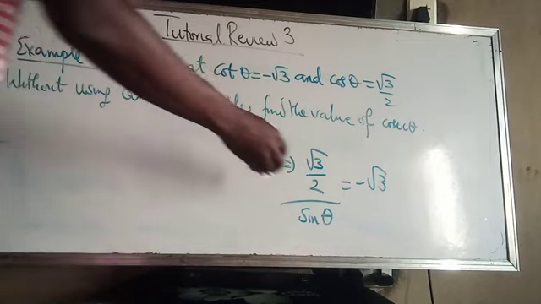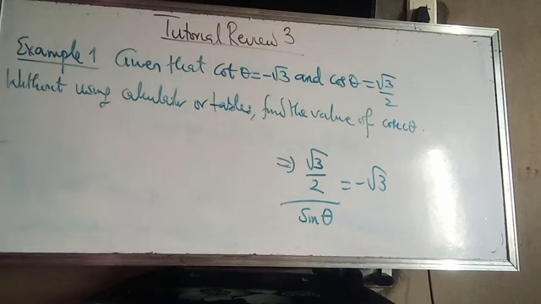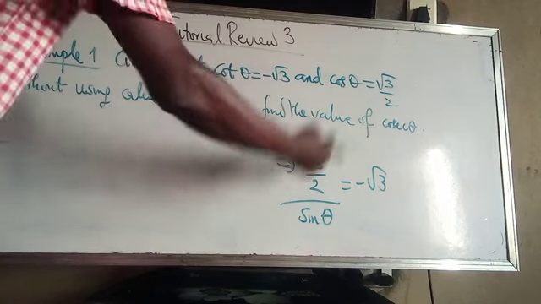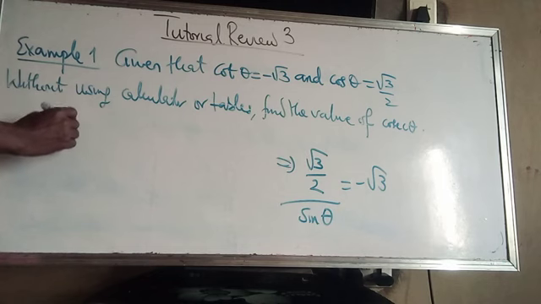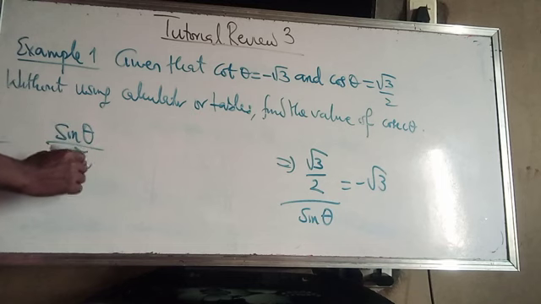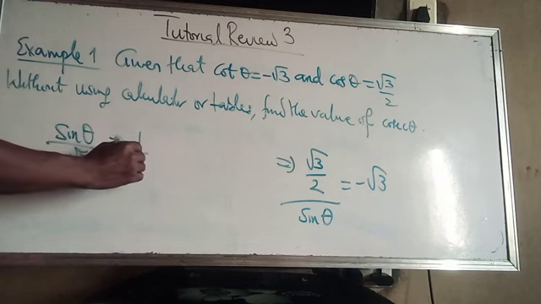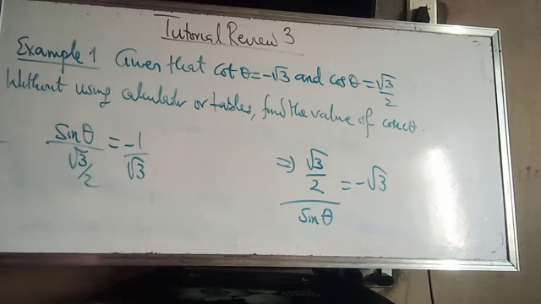Now, to make it easy, let's find the inverse of both sides. This should be sine theta all over root 3 all over 2 equals minus 1 over root 3, when you find the inverse. So, multiplying both sides by root 3 over 2 so as to get sine theta.